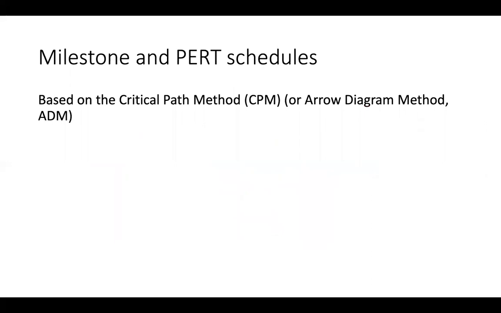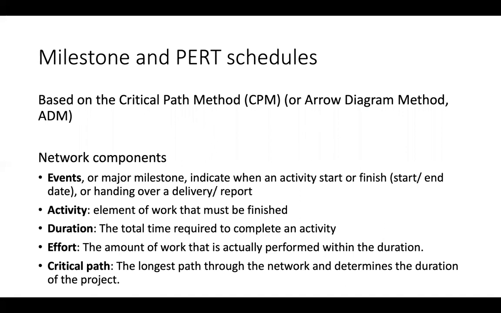Both these techniques are network techniques, and they are based on the critical path method, or CPM, which includes 5 different components: events, activities, duration, effort, and the critical path, which is the longest path through the network, and that will determine the duration for the whole project.